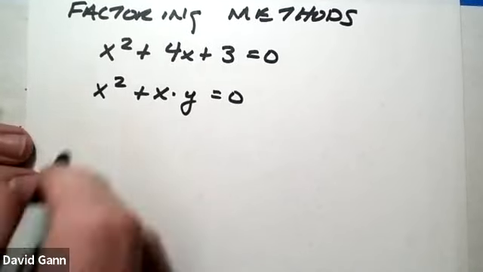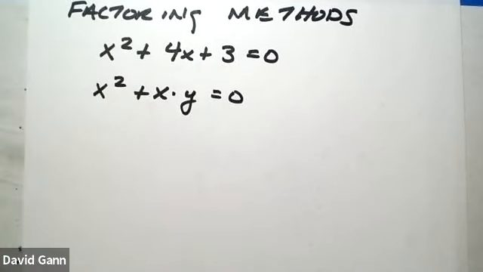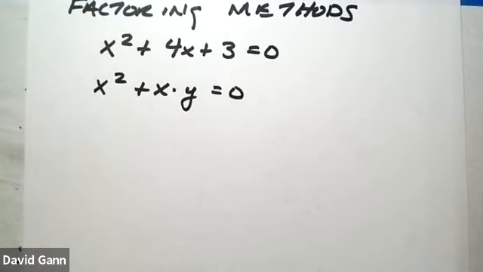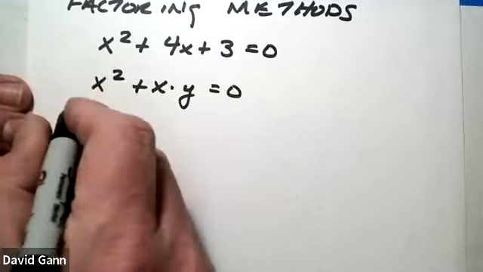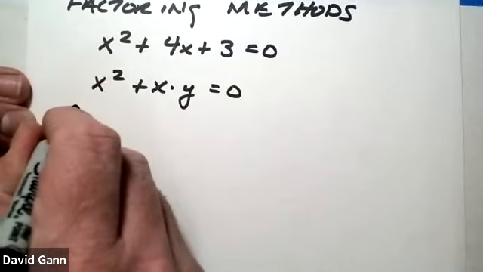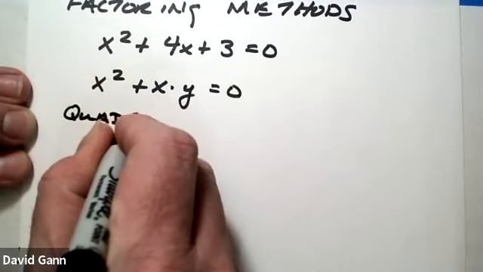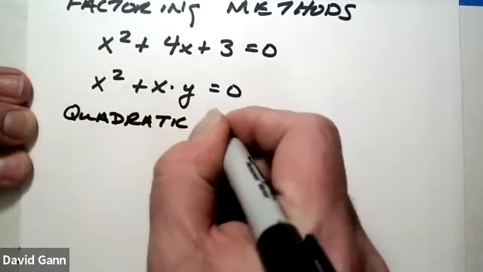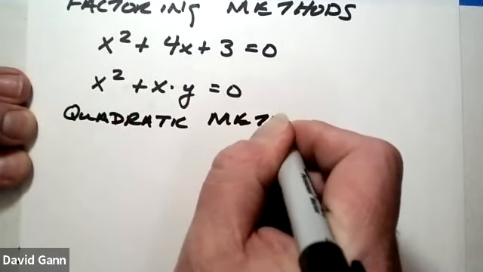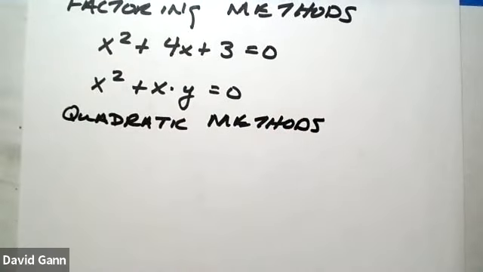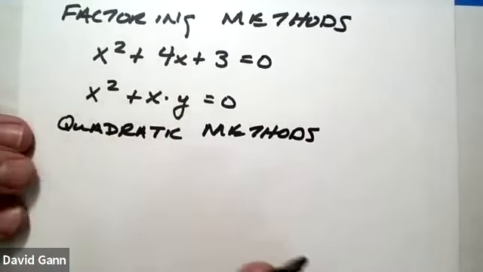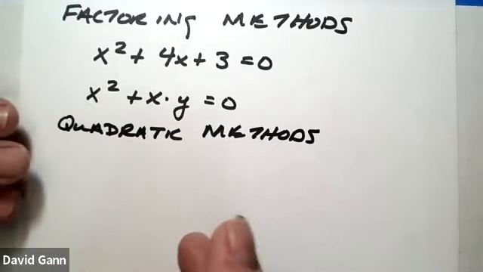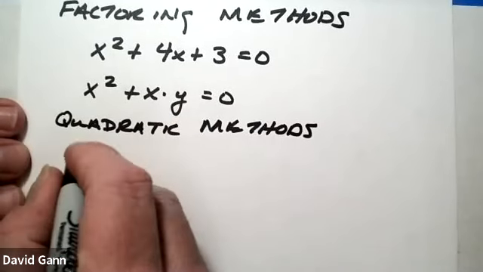Then finally, for standard algebraic problems, all we're going to focus on in this section are quadratic methods that don't involve simple factoring. You might have a quadratic equation that is not easy to factor, or even possible to factor with whole numbers.